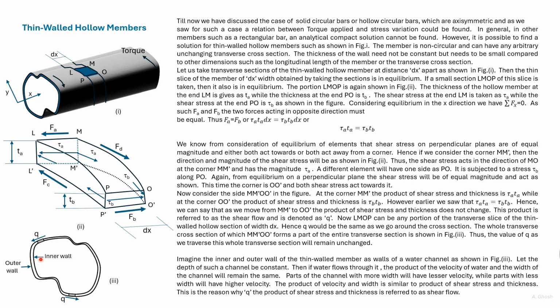So the water flow will be constant. Here, shear stress into thickness is a constant, and the reason for us calling this product a shear flow is due to its analogy with water flow.